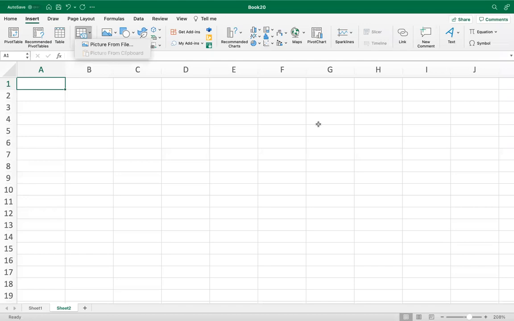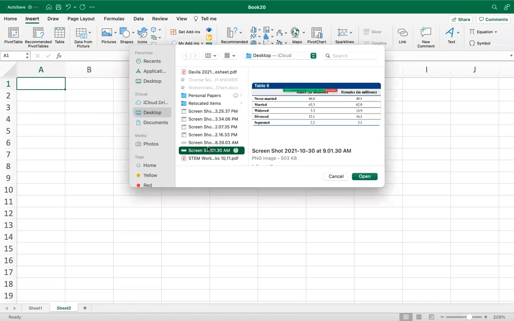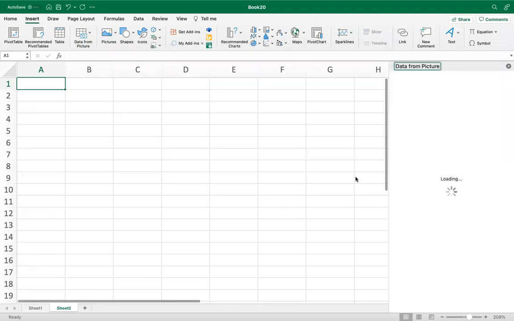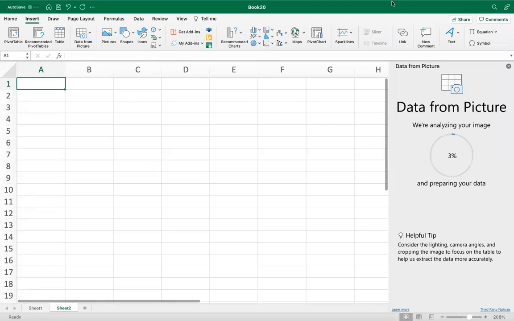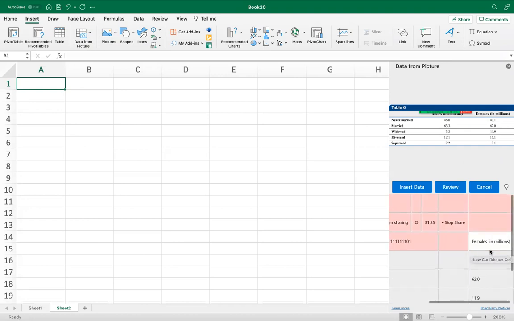Insert data from picture. Looks like it captured a bunch of random stuff.